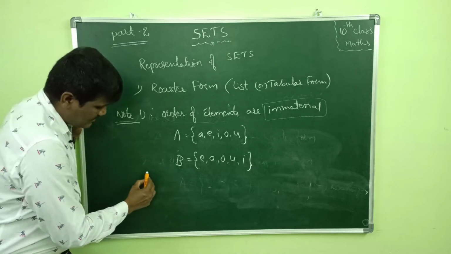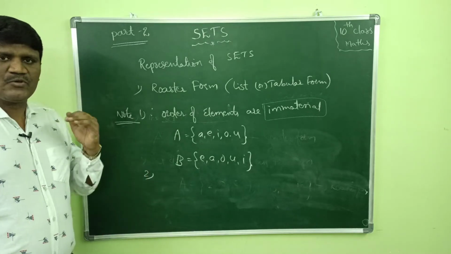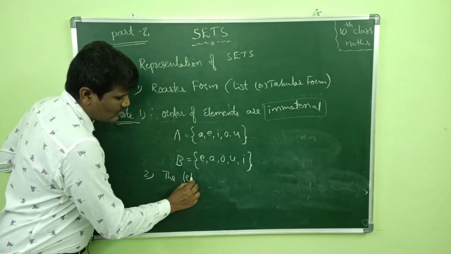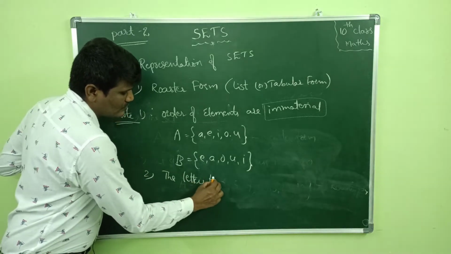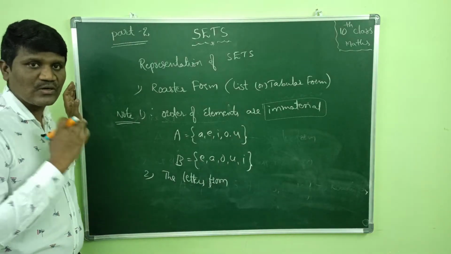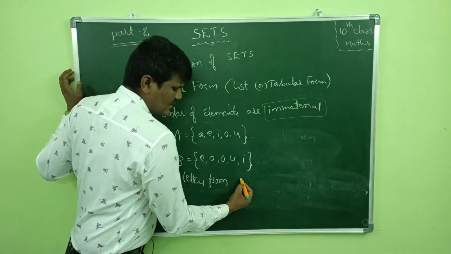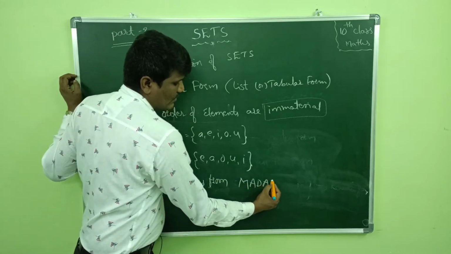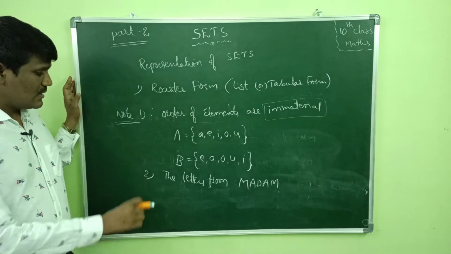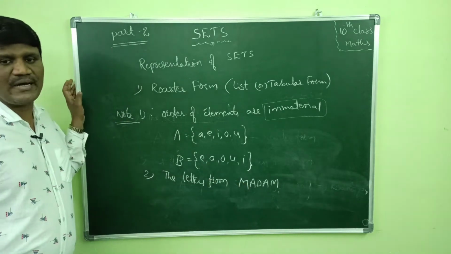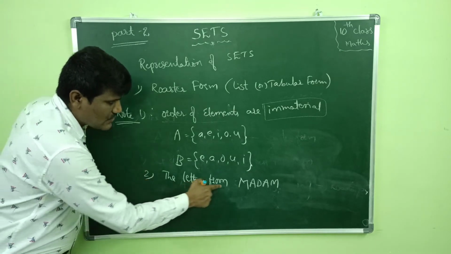And the second point is, suppose my question is the set of letters from a word. If I take the word madam, my question is the set of elements from madam.